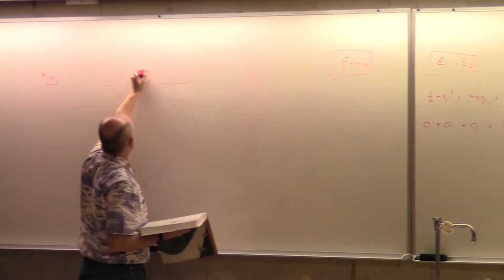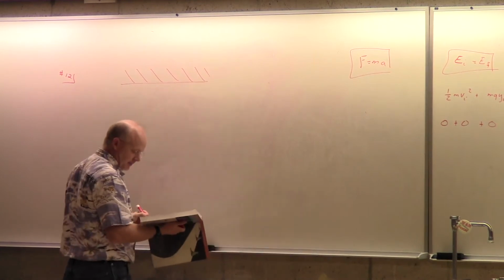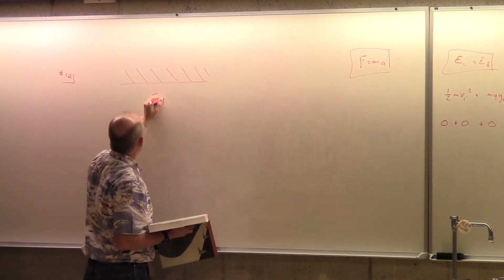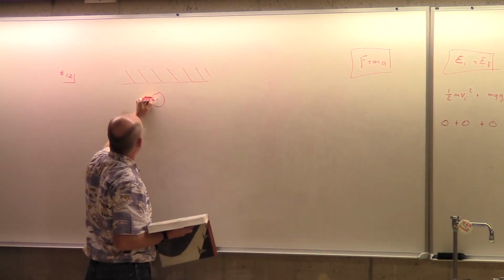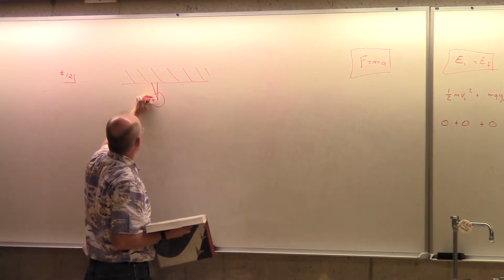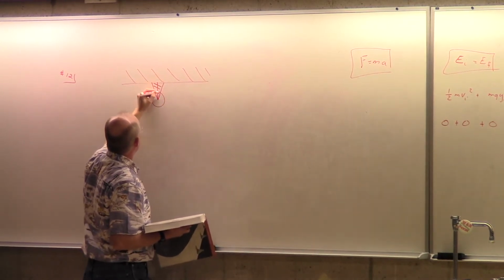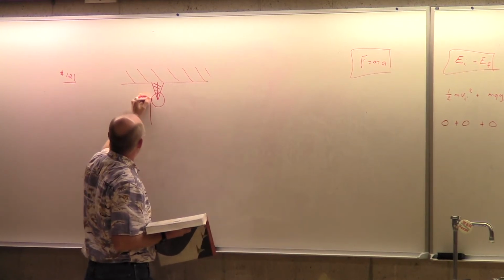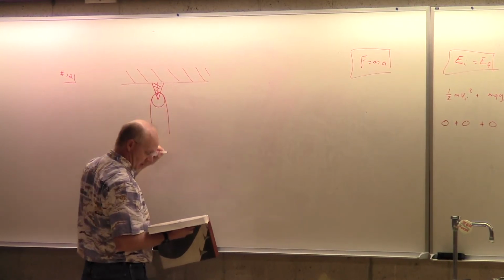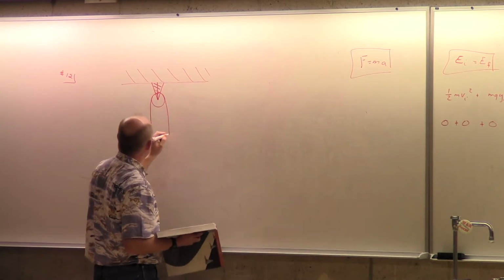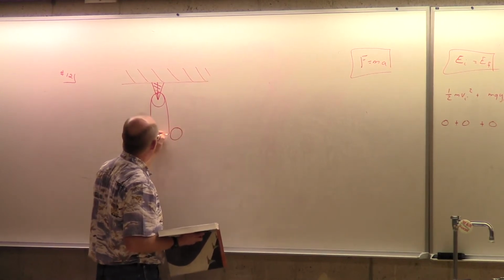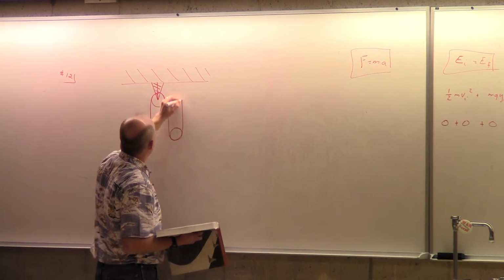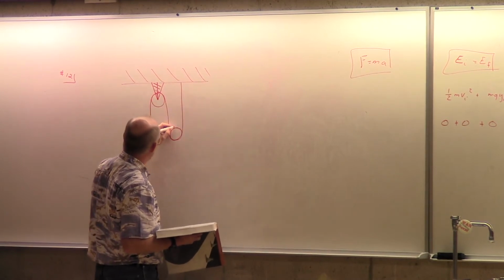Here's the ceiling. And it has the fixed pulley hooked on here, and a string or rope or cable of some kind that goes along, and then now here's that movable pulley again.